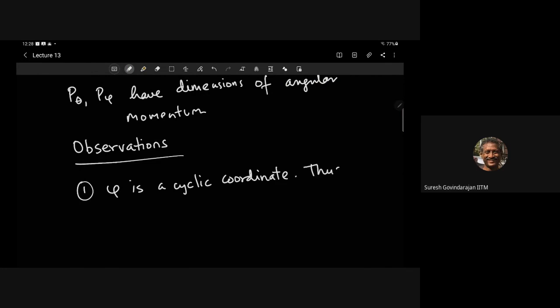This implies P phi is a constant of motion, so m r squared sine squared theta phi dot, which is equal to Lz, is a constant of motion.